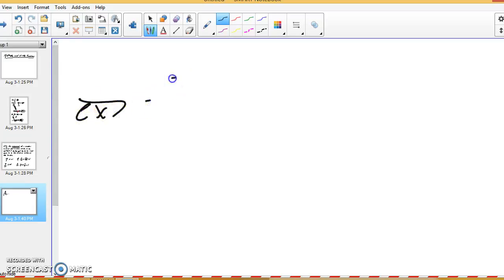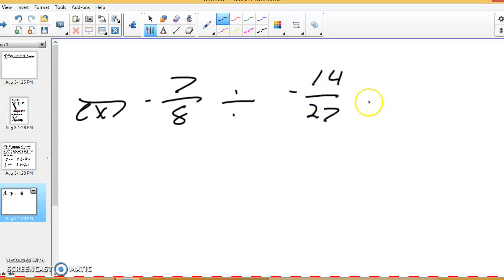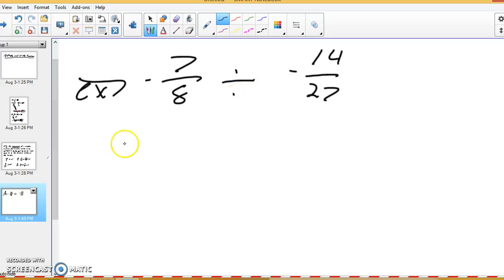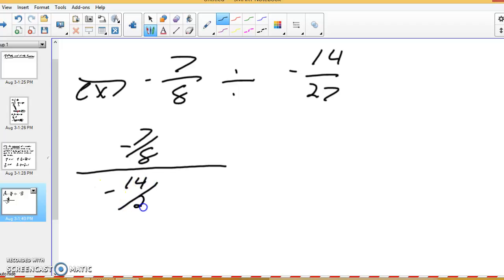So imagine you have a fraction of negative 7 divided by 8, divided by negative 14 divided by 27. Okay, so note that this is the exact same thing as saying negative 7 divided by 8 divided by negative 14 divided by 27. So why do we care about the reciprocal?